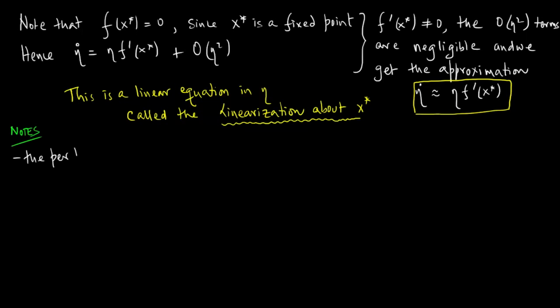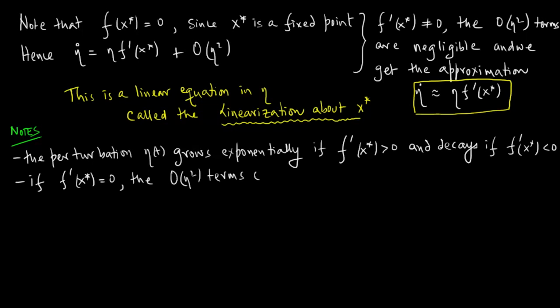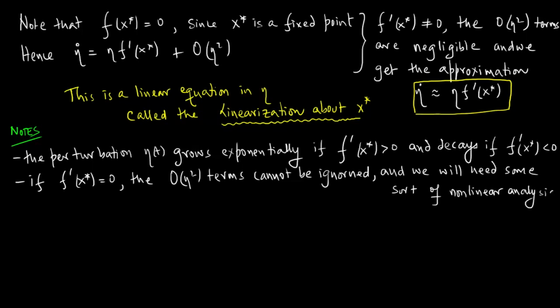The perturbation eta of t grows exponentially if f prime of x star is greater than 0, and decays if f prime of x star is less than 0. If f prime of x star is equal to 0, the order eta squared terms cannot be ignored, and we will need some sort of nonlinear analysis for the equation.